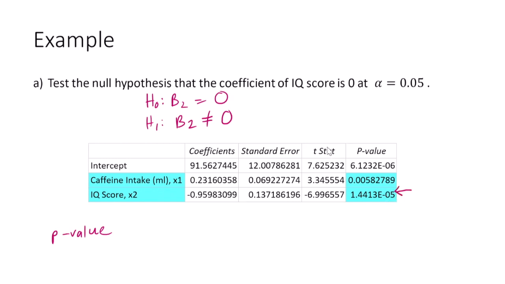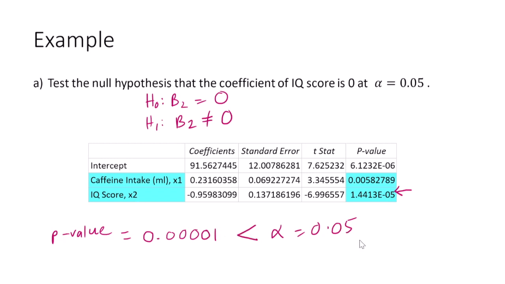This is the test statistic. This is the coefficient of IQ score. So the p-value is 0.00001, which is actually less than alpha 0.05.